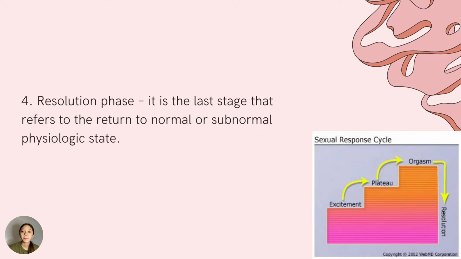Both men and women experience these phases, although the timing usually is different. So, hindi lahat sabay-sabay na makakarating sa sexual climax or the third phase, kasi minsan nauna yung lalaki or minsan nauna yung babae. It varies from person to person. Okay, next.